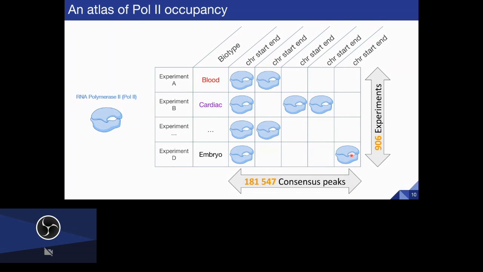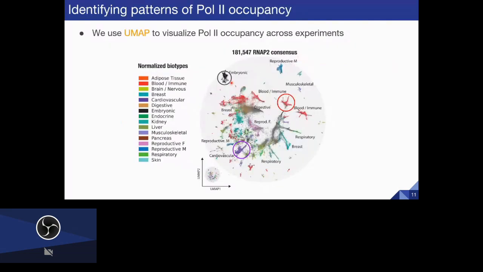To visualize this, we use UMAP to visualize the POL2 occupancy across experiments. Typically in single cell, you will see that the samples or the cells themselves are visualized with UMAP. Here, one dot corresponds to one POL2 consensus. And here, for example, you can see there is clearly one group that is specific to the embryonic cells, some groups that are specific to blood or immune cells, and one group that is specific to cardiovascular cells.